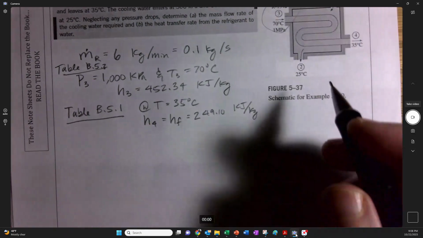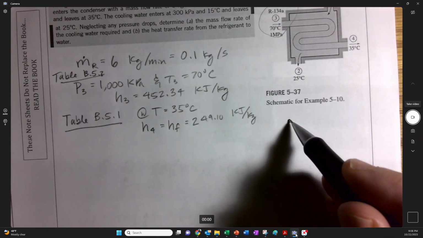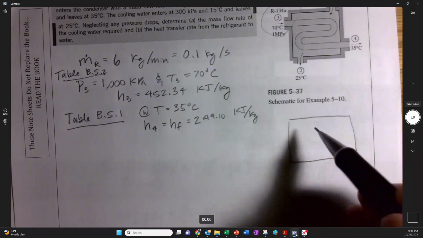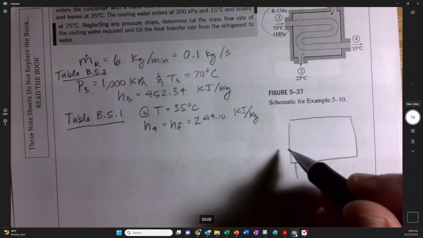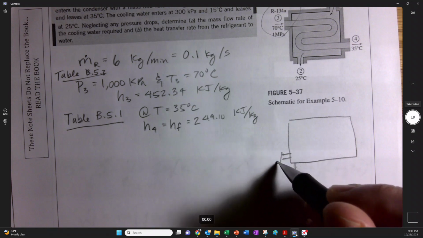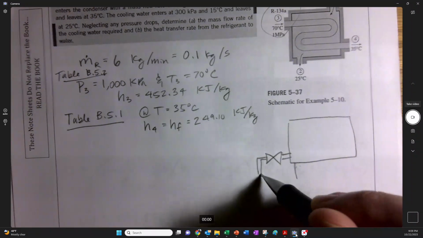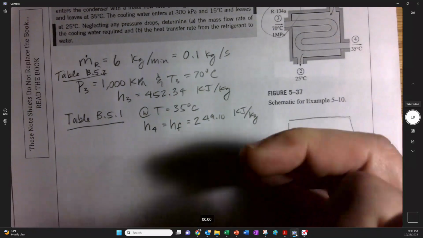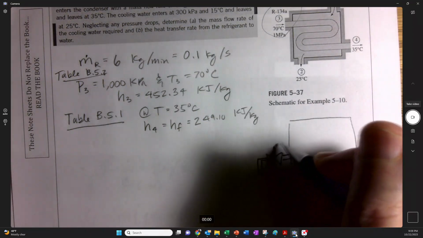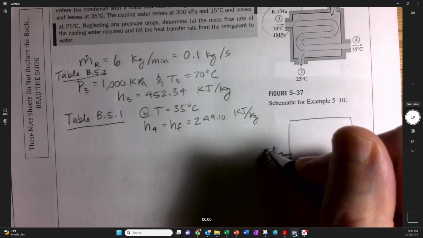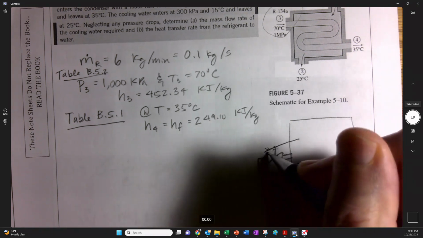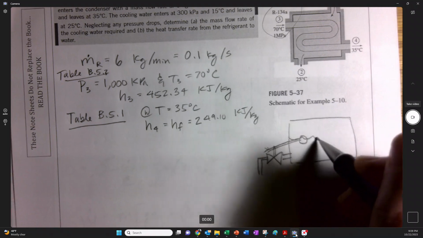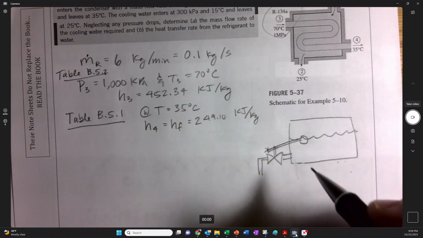The way these work, in a very simplistic explanation for a condenser, is the outlet has a valve. It doesn't really have a valve like that, but it's usually part of the thing, and it's got a little lever on it and a float, just sort of like a toilet.